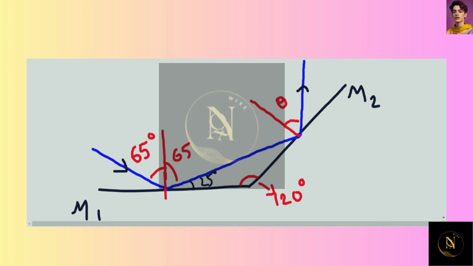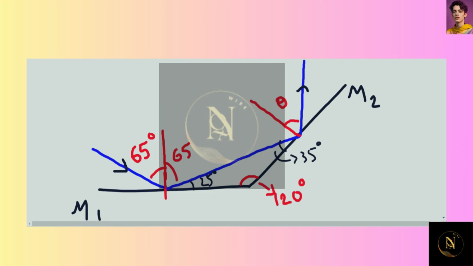And we know that this small triangle right here, the total sum of the angles, so 1, 2, and 3 angles, if you sum them up, it should be equal to 180. So if you subtract 120 plus 25 from 180, that would give us this angle right here, which should be equal to 35 degrees.